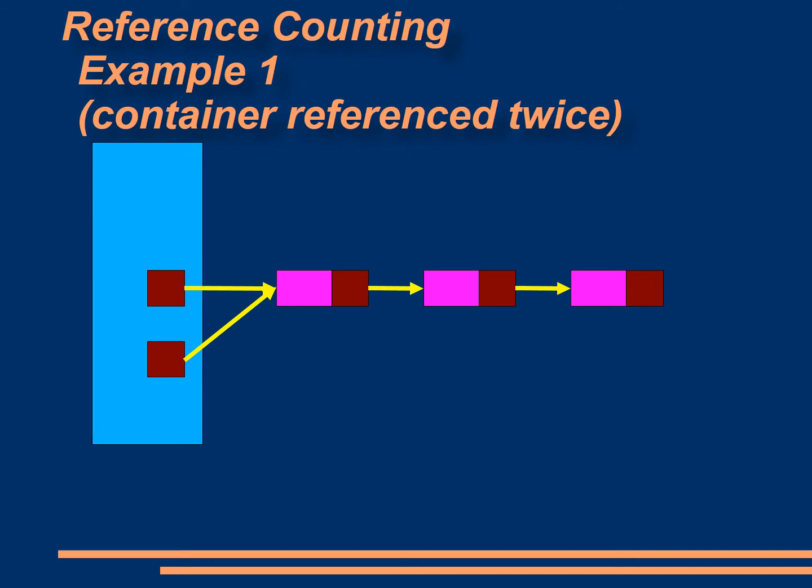Here's a simple example of reference counting. Once again, we have pointers in the light blue square that point to nodes of a container on the heap. So here we have two pointers pointing to the same node.